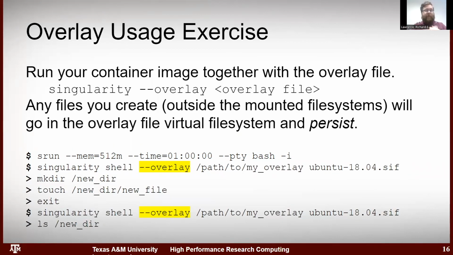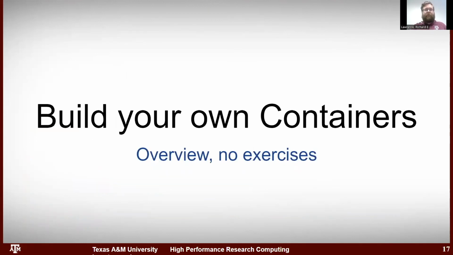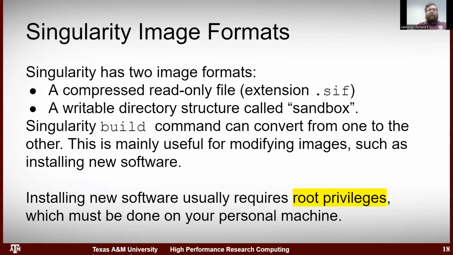And then we'll proceed to the last topic of the day, which is something that I'm just going to talk about, and we're not going to do any exercises. So, building your own containers, which is an overview with no exercises. We've already seen that Singularity has a .sif image format, but there is another image format called a sandbox, which is a writable directory structure.